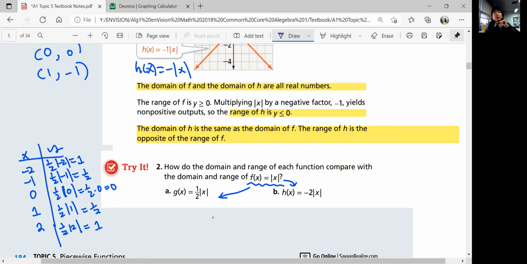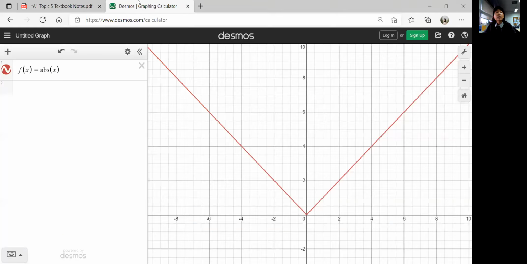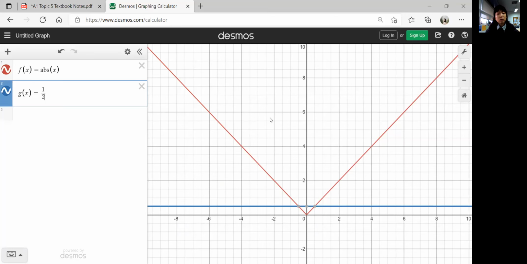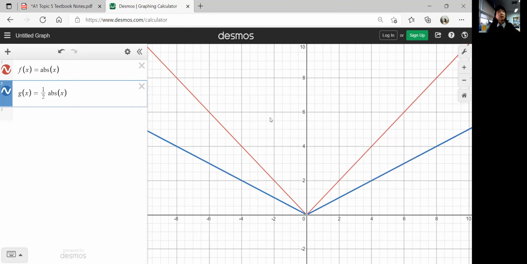So you just need to compare domain and range. What happens to the domain? They stay the same. So check your answers. G of x would be half absolute value x. Okay, so that's the blue one. See, your domain doesn't change. It's all real numbers. What about the range?